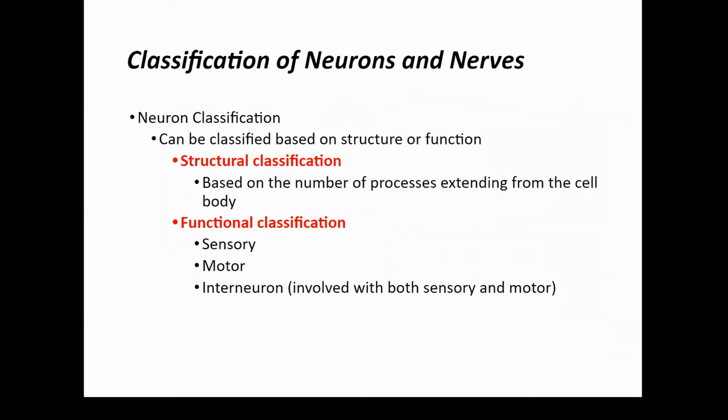We classify them into groups. So we sometimes talk about their structure based on basically how many axons, dendrites, and stuff are extending from the cell body. We also can talk about them functionally, which is really what we focus on. So we got our sensory neurons, we got our motor neurons, we got our interneurons.